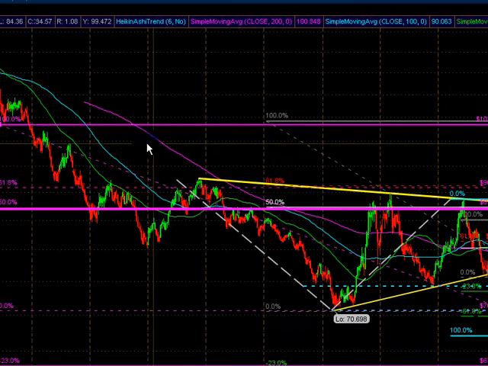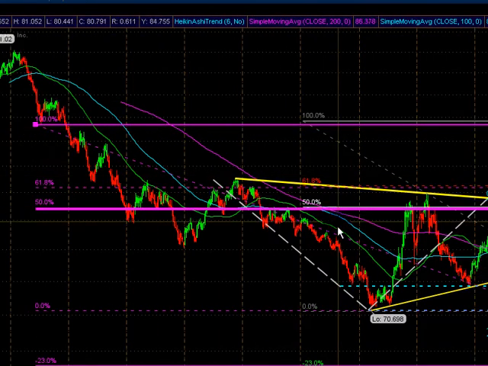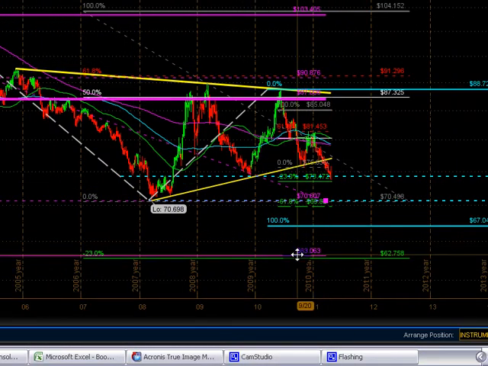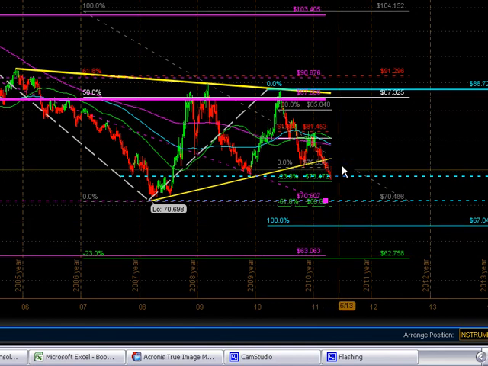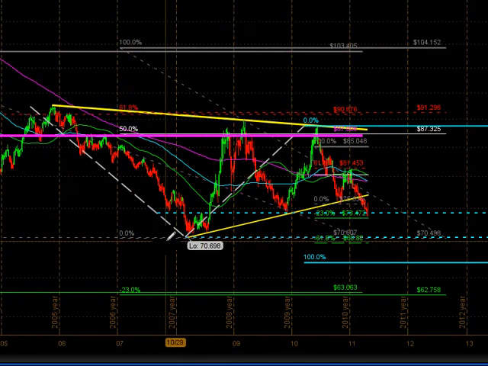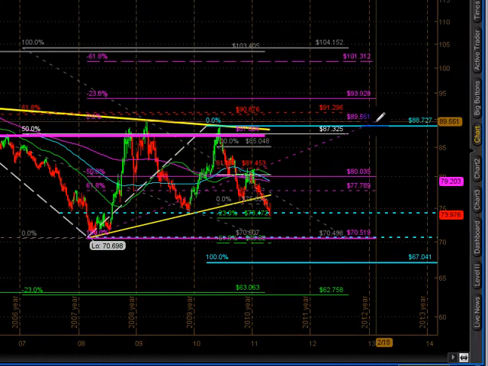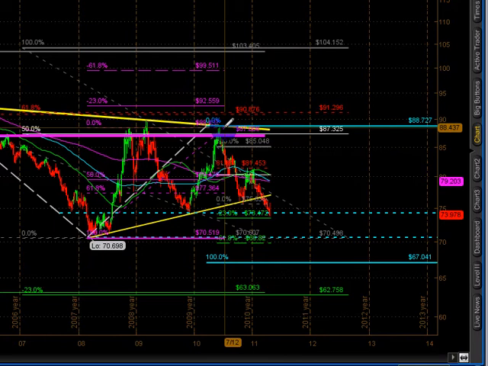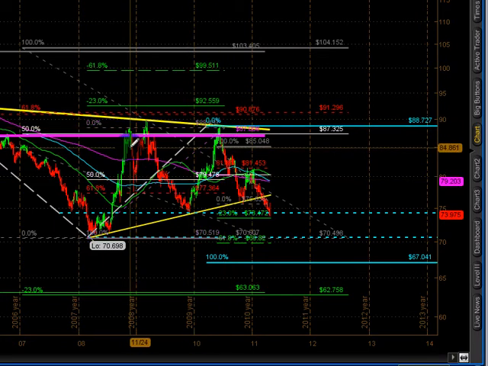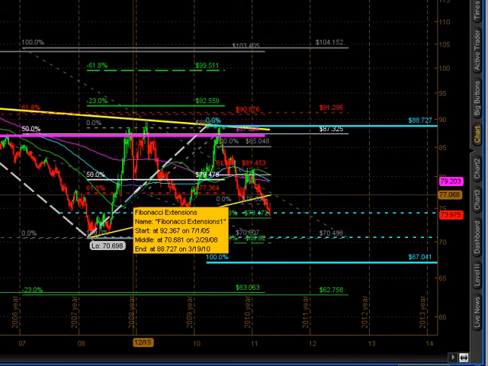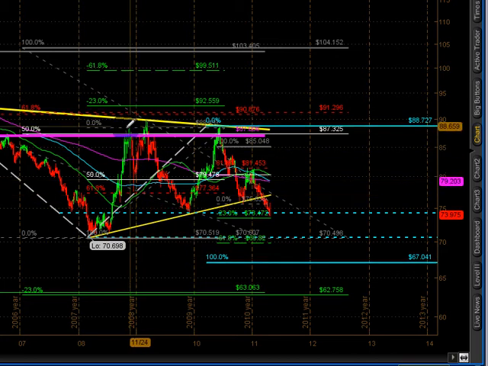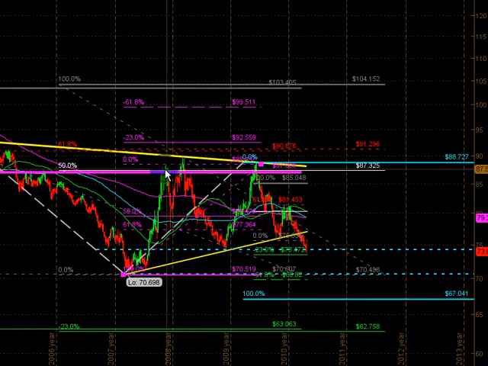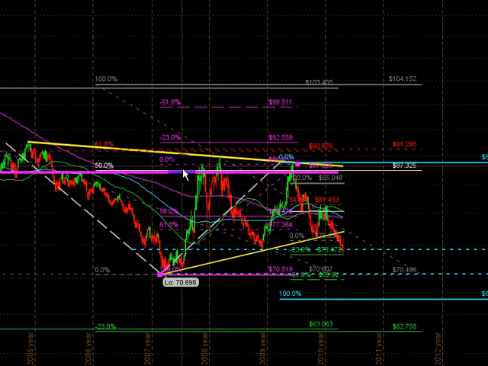That alone brings up targets of 63 on the DXY. And every 50% pull from that low, we have failed to hold the 50% pullback. The only time we actually traded a 50% pullback and held it was here in 2008. But nevertheless, it didn't hold the next time it was tested.